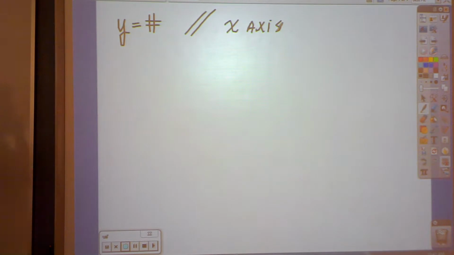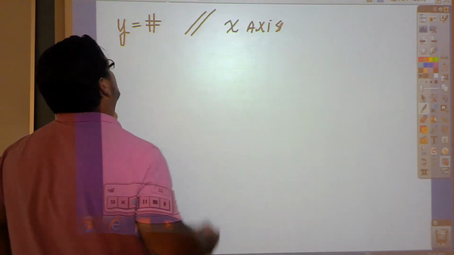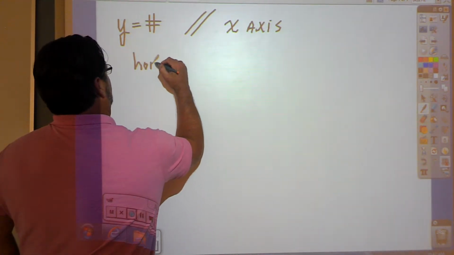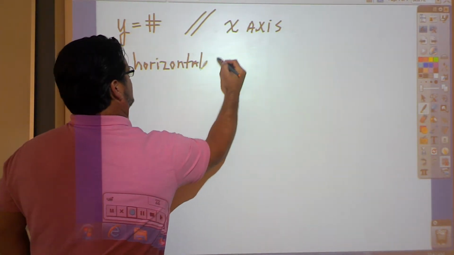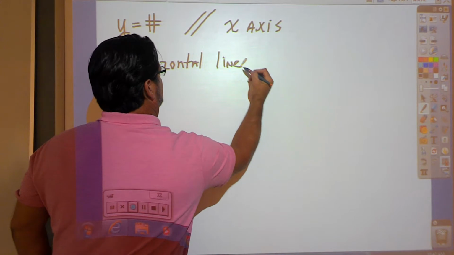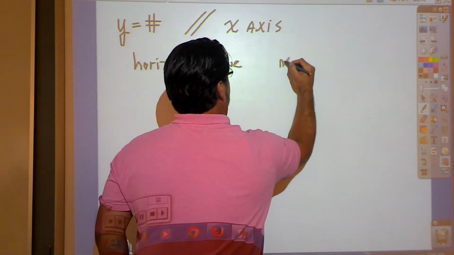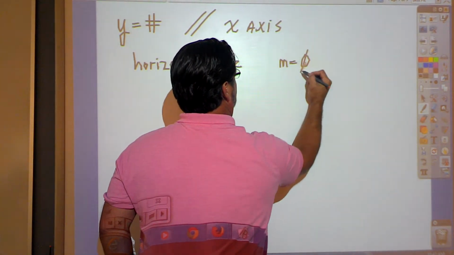If you have a line that's parallel to the x-axis, what kind of line is it? Horizontal. Good. That's a horizontal line. And the slope is equal to 0.